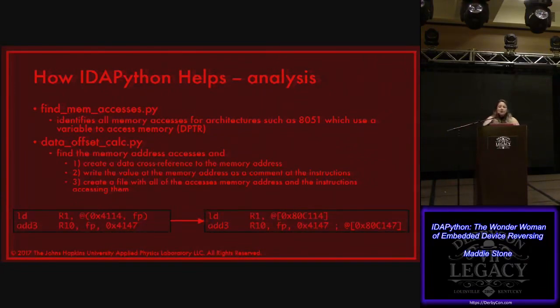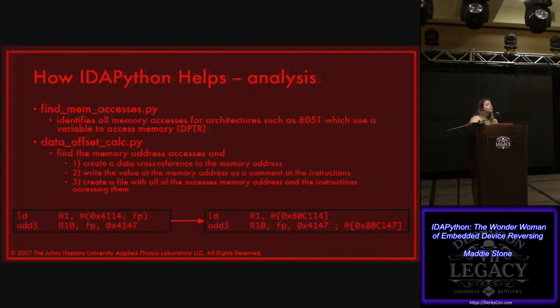So what this script will do for you is go through and look for that regular expression, which here I defined as an offset memory access using the frame pointer, or the add3 instruction using the frame pointer. It first finds all of those places for you.